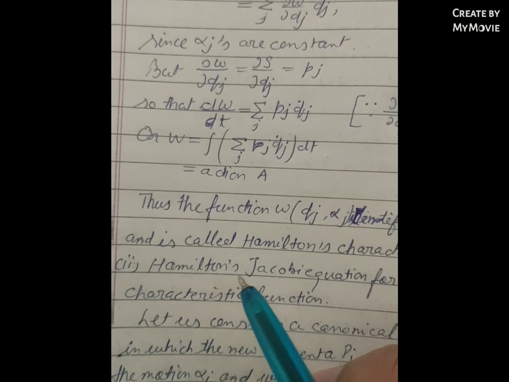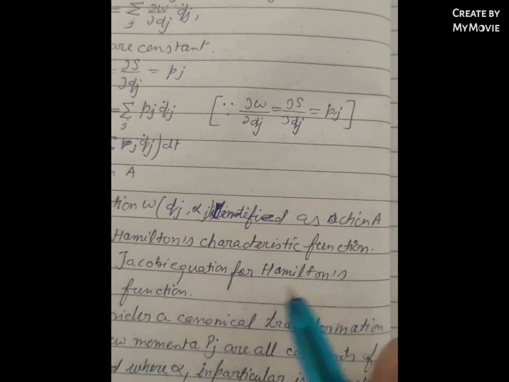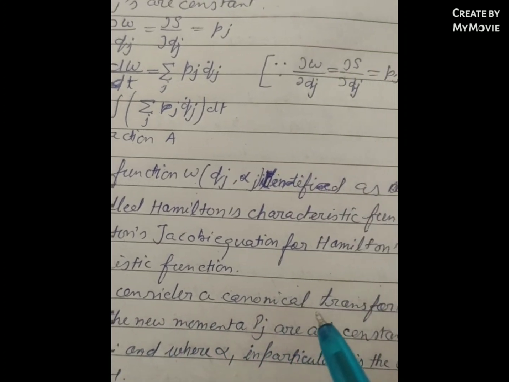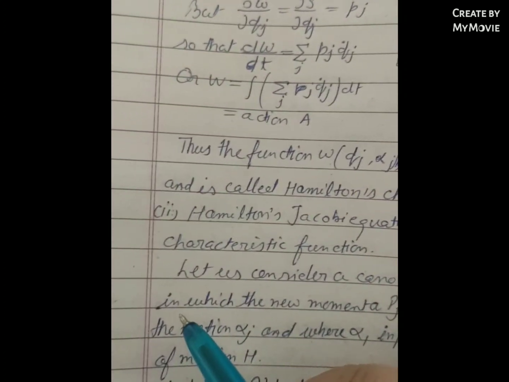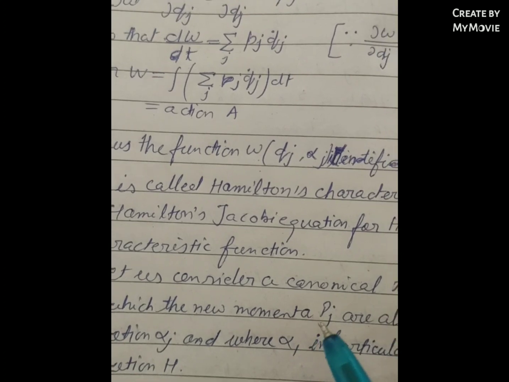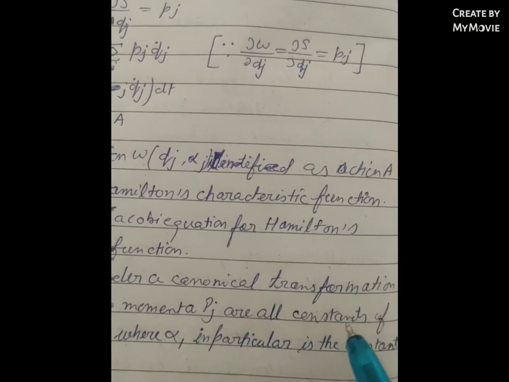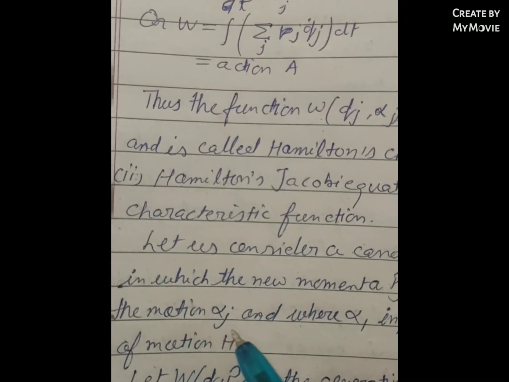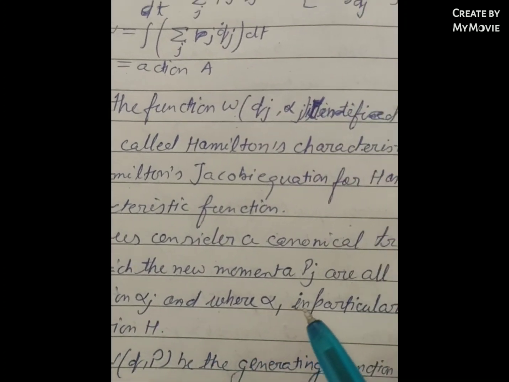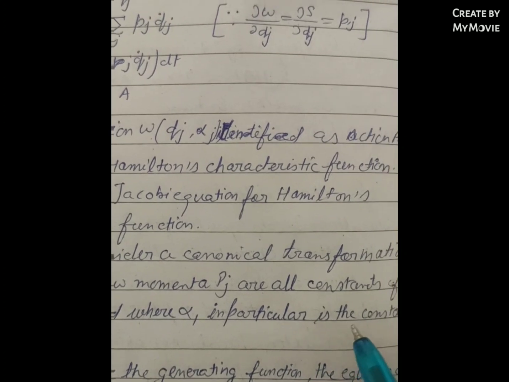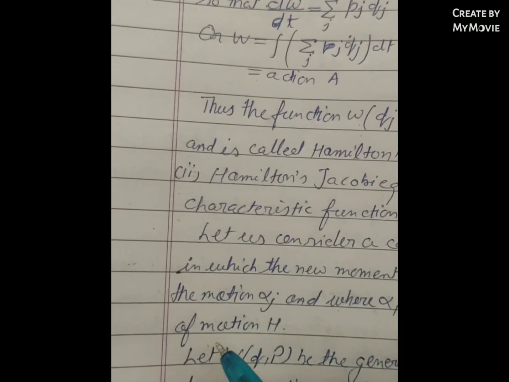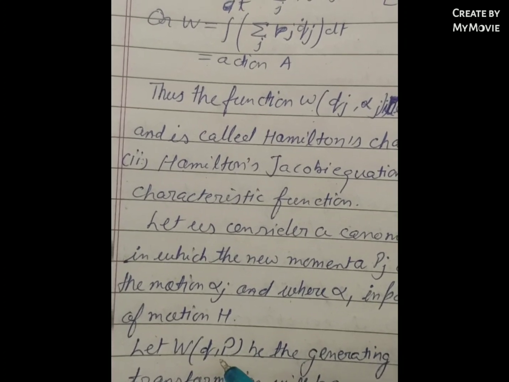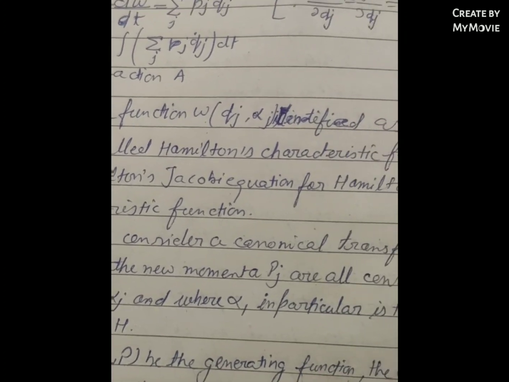Now second, the Hamilton-Jacobi equation for Hamilton's characteristic function. Let us consider a canonical transformation in which the new momenta Pj are all constants of the motion αj, and α1 is in particular the constant of motion H. Let W(q, P) be the generating function.